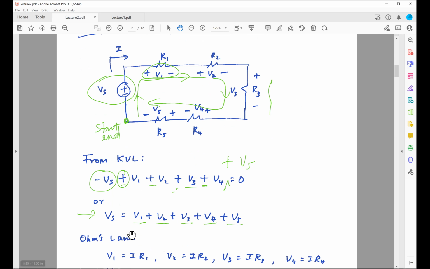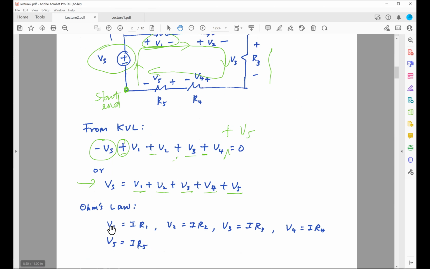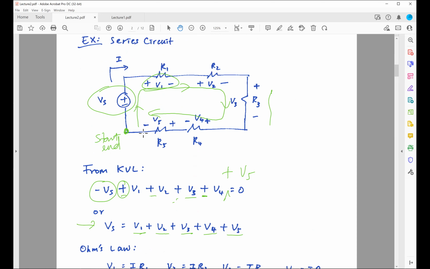And by using Ohm's law, I can find what V1, V2, all the way to V5 are. As an example, V1 is equal to I times R1, V2 is equal to I times R2, and so forth. This I is the current that flows through each element within the branch.